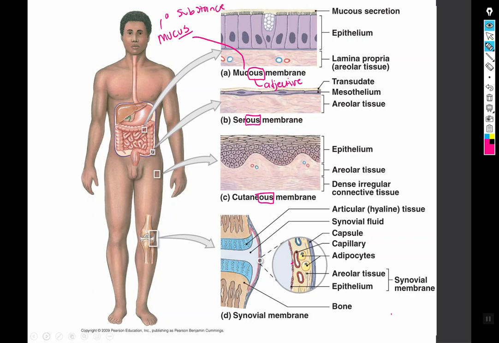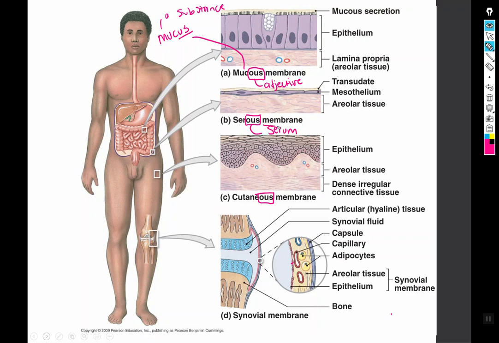Similarly, serous refers to serum, which is a thin watery fluid. Serous means whatever this thing is, membrane in this case, creates serum.